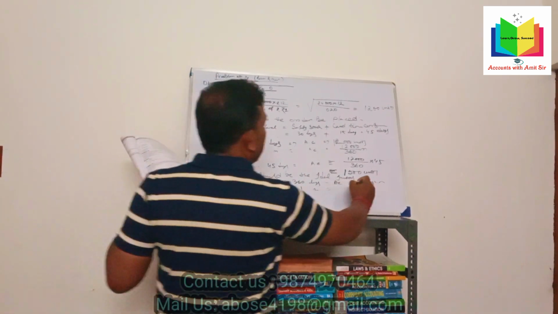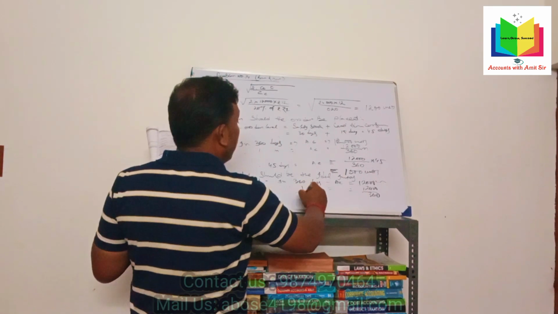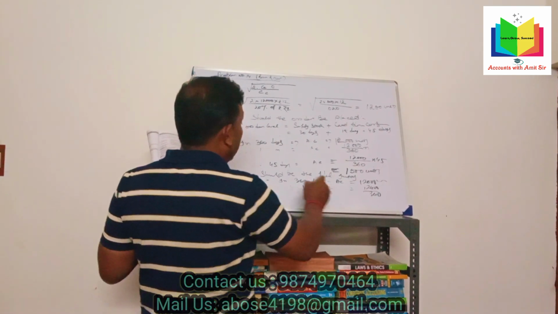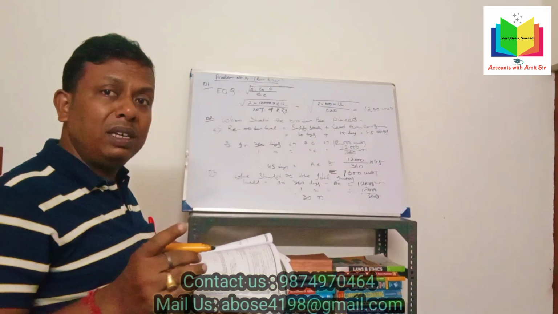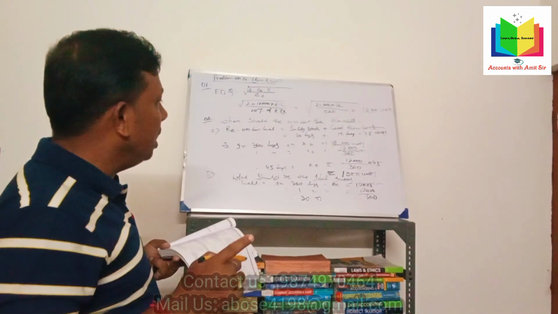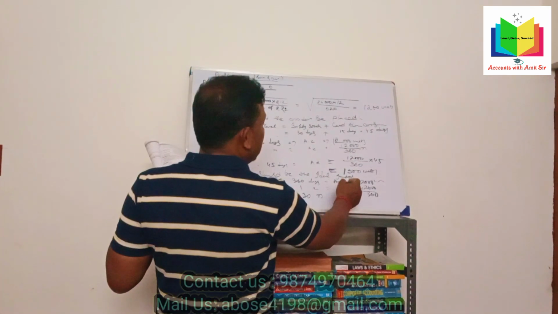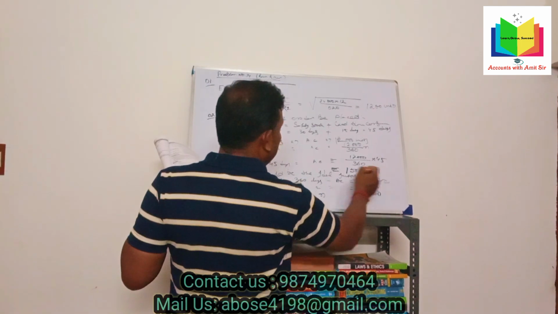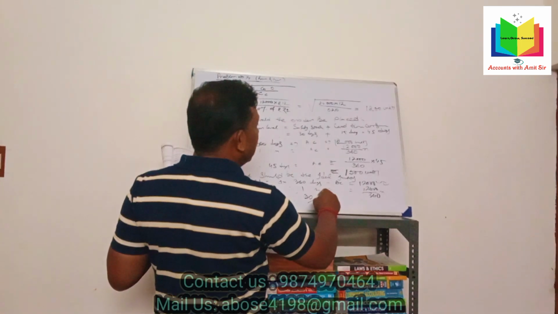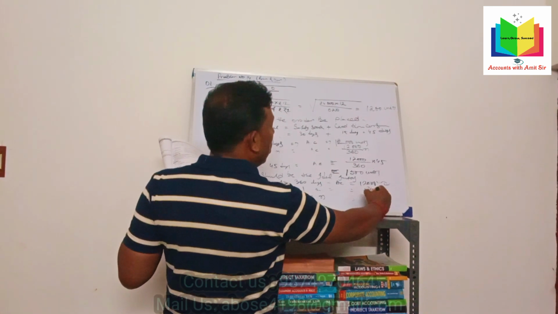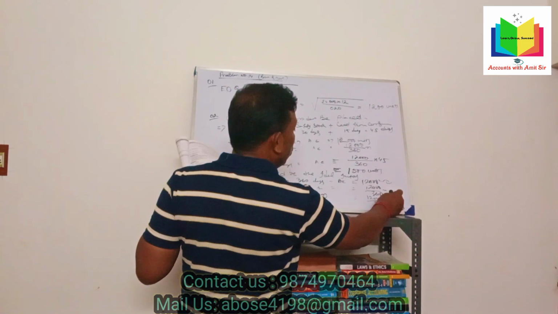Therefore, in one day, consumption is 12,000 divided by 360. To find the ideal inventory level, we take only the safety stock, that is 30 days. So in 30 days, that is only safety stock, the consumption is 12,000 divided by 360 into 30.